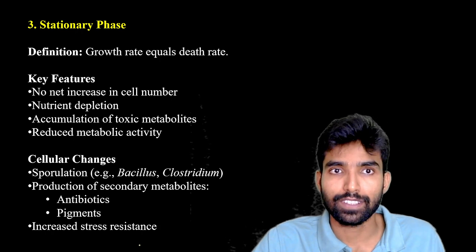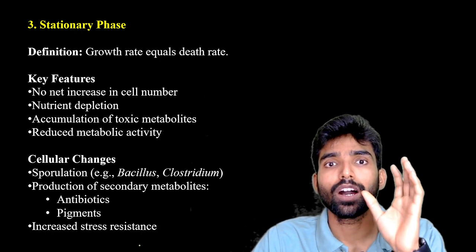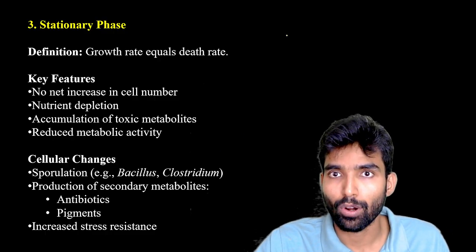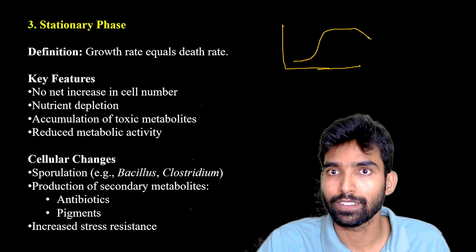Next is the stationary phase. In the stationary phase, the growth rate is equal to the death rate. If you remember the plot, let's say this is the lag phase, this is the log phase, this is the stationary phase, and this is the death phase.